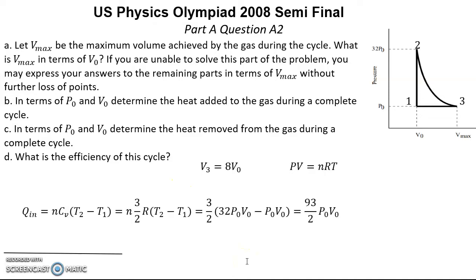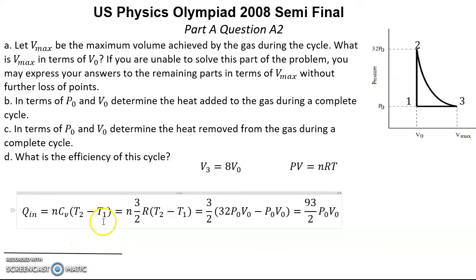This is the formula: Q in equals the number of moles of gas multiplied by the heat capacity at constant volume, Cv, multiplied by the temperature difference.